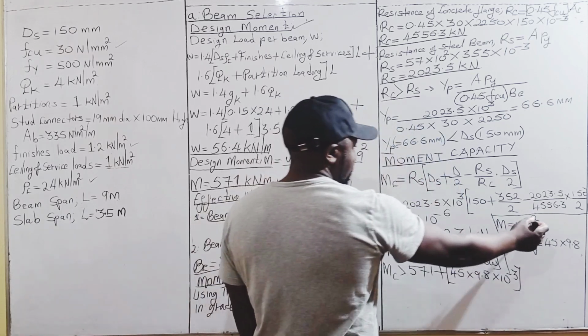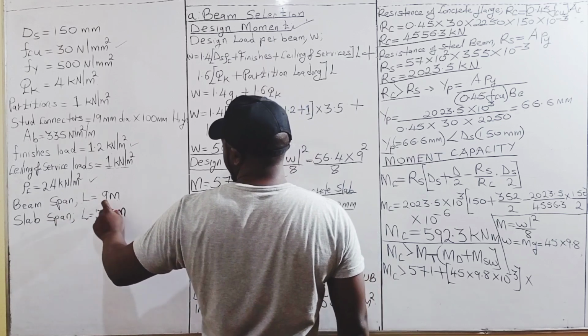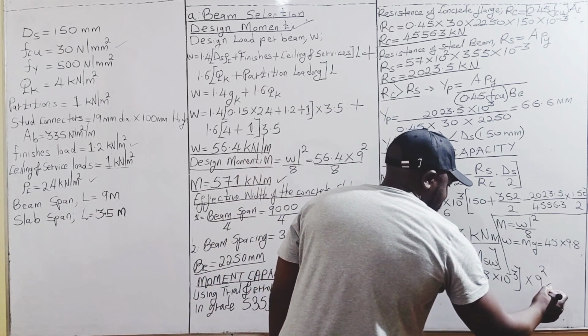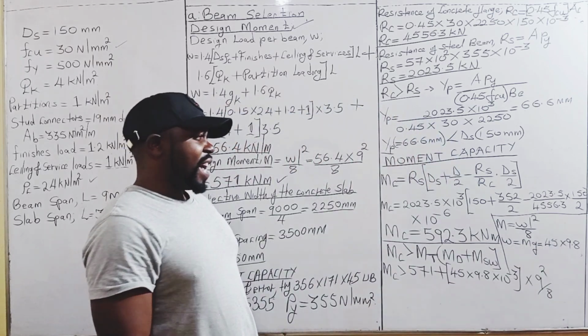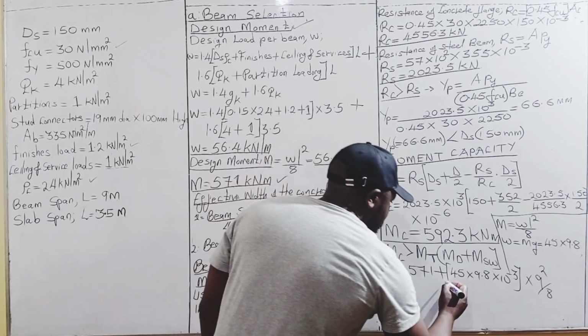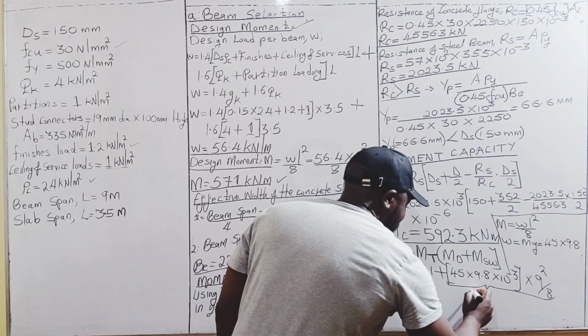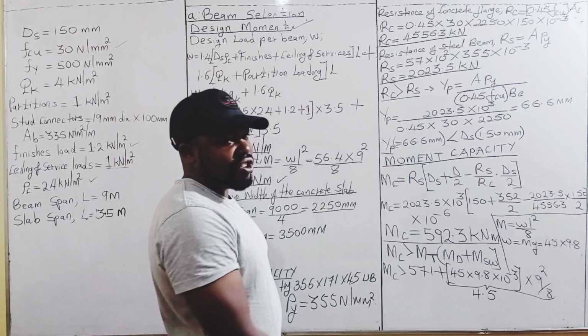Then L squared, that is the beam span, which is 9 meters. Therefore, 9 squared divided by this 8 that we got here. And by doing so, the whole of this part is going to give us 4.5 kilonewton meters.